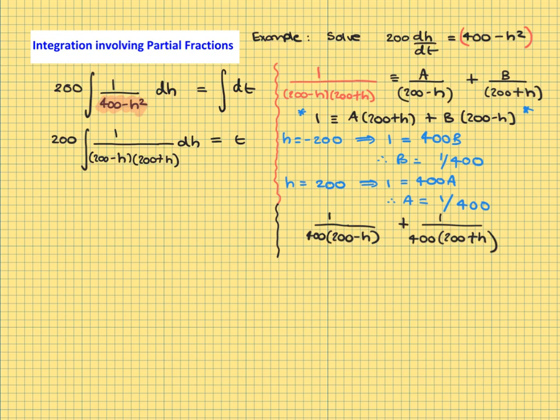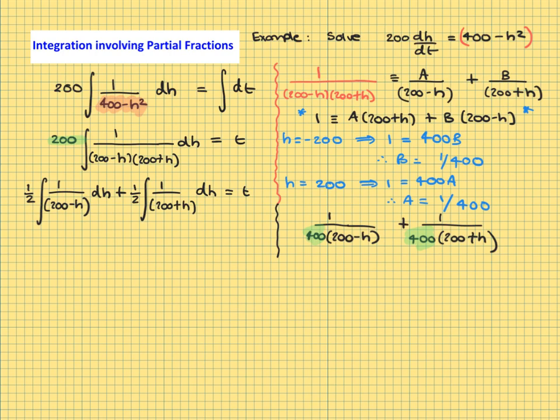So, integrating these, well, remember we also have a factor of 200, which will simplify with these factors over here. So they will become factors of a half. So we now have a half the integral of 1 over 200 minus h dh plus a half the integral of 1 over 200 plus h dh equals t.